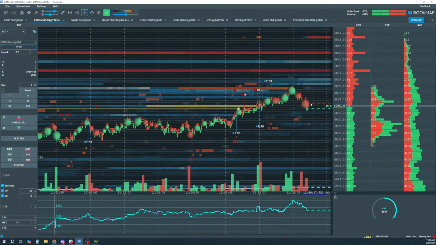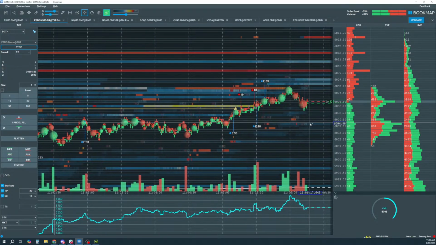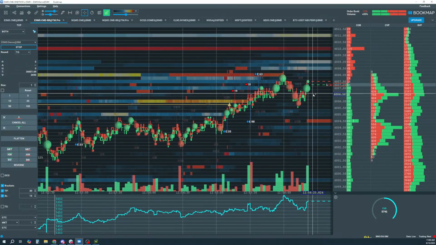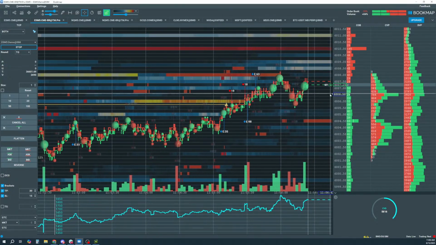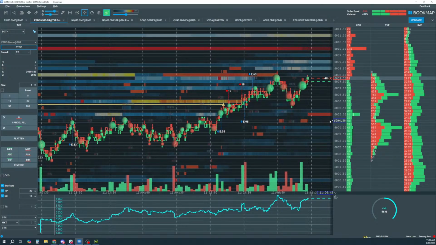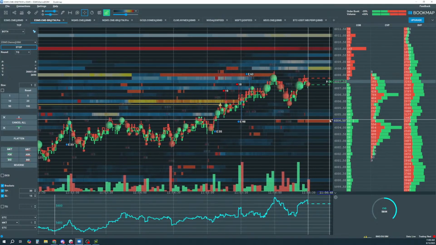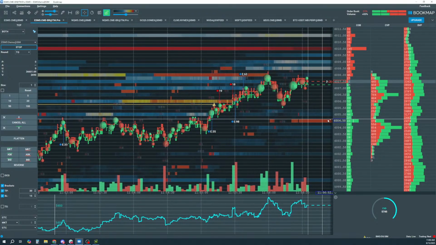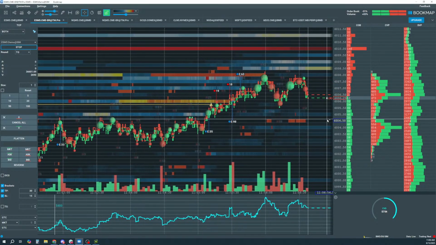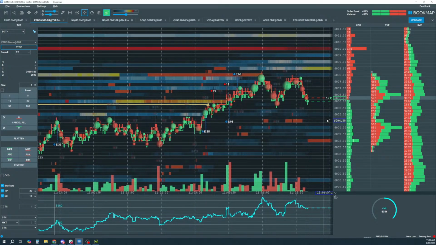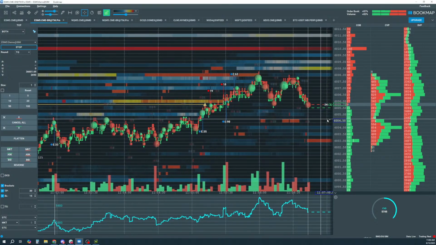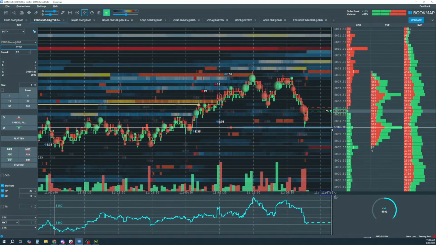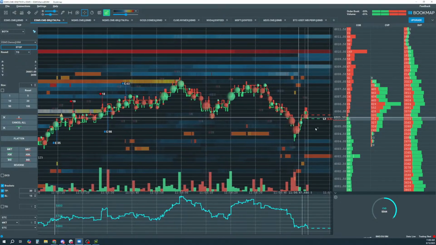Now we found a few sellers, right? All right, let's see if we get a low volume pullback. No. Okay, there's our low volume pullback here.